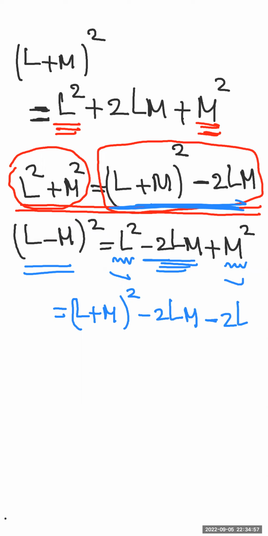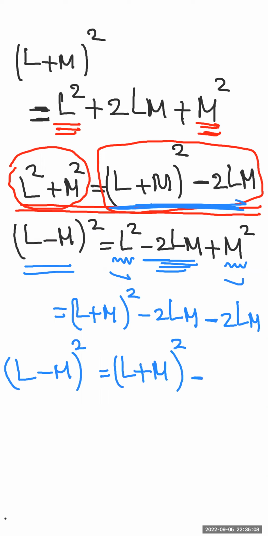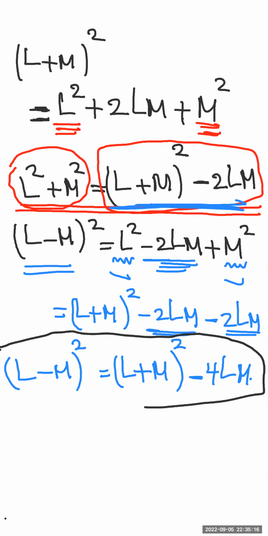So the form will be like this: L minus M all to the power 2 will equal L plus M all to the power 2 minus 2LM minus 2LM, which is 4LM. And that was the second rule. So this is the second rule, and this one, the first one.